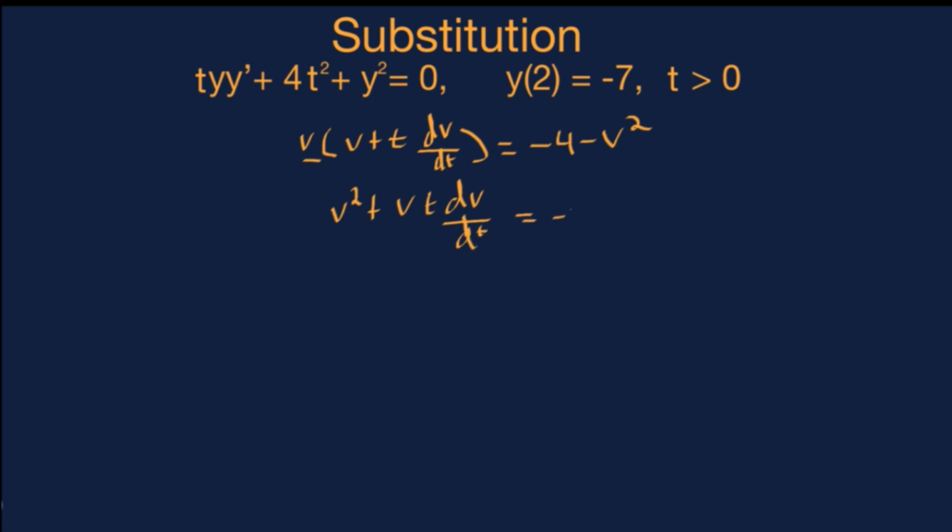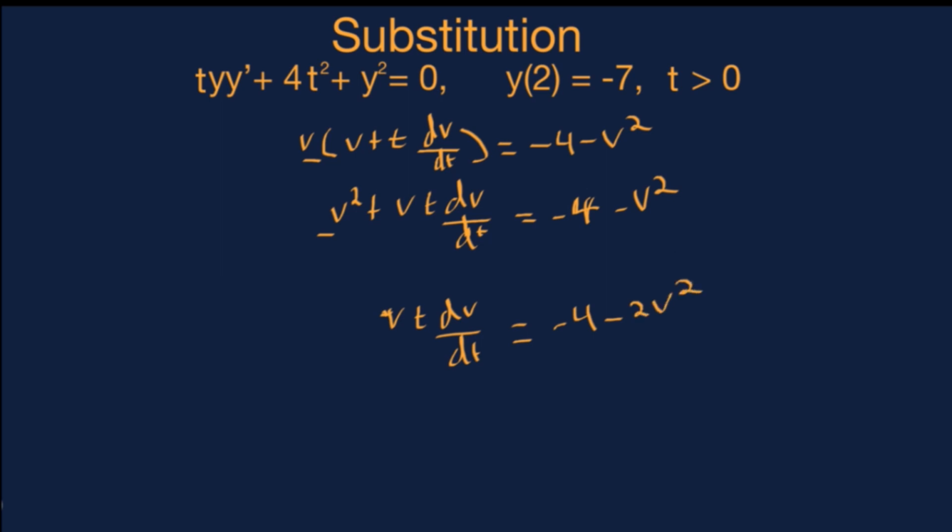And that will be equal to negative 4 minus v squared. And so when we subtract v squared from both sides, we get v times t times the derivative of v with respect to t is equal to negative 4 minus 2 times v squared.